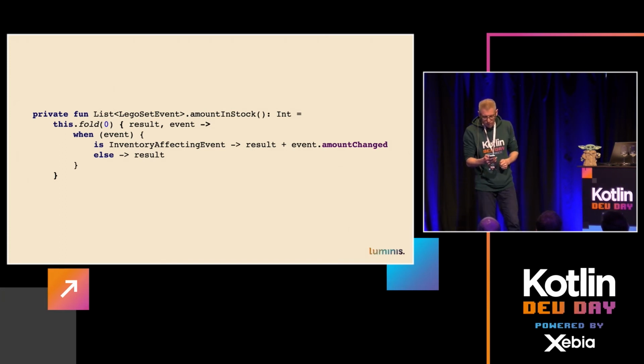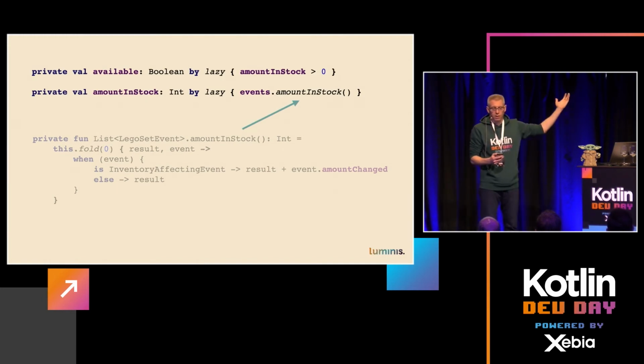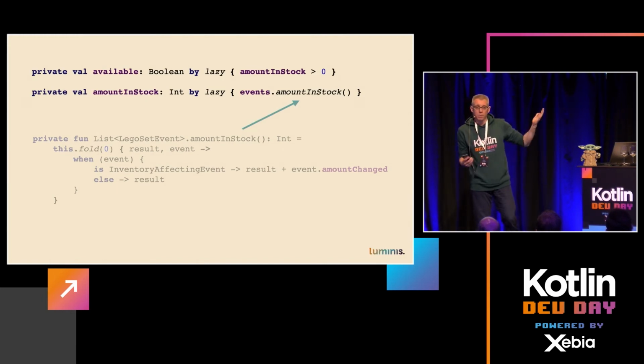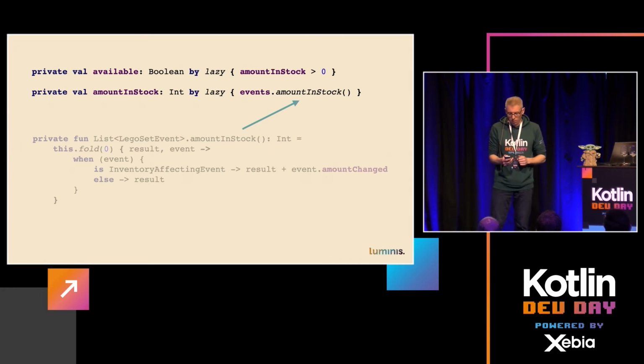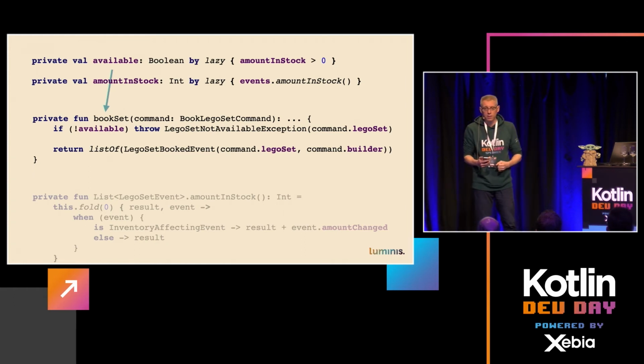I think this functional style and also extension functions make this very readable, because then you can do something like events.amount in stock, which is quite easy to understand. You can see the relation that the amount of stock is coming from the list of events.